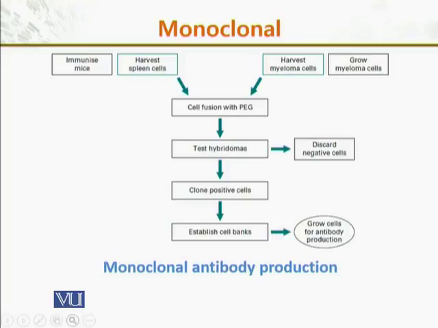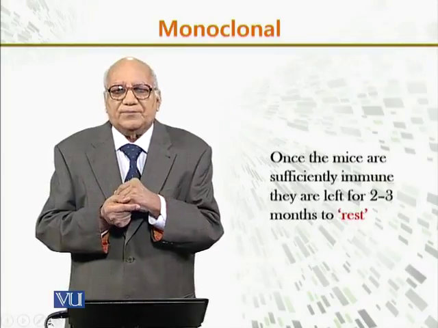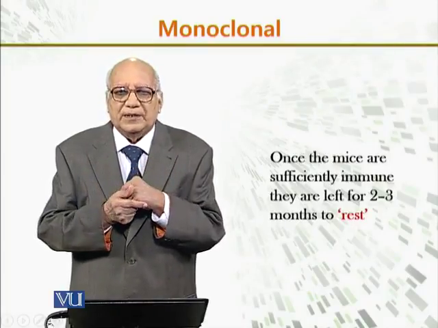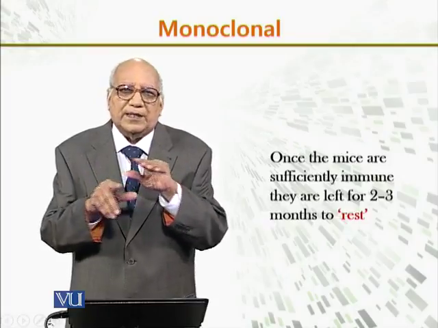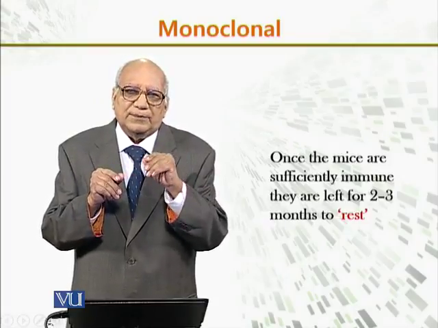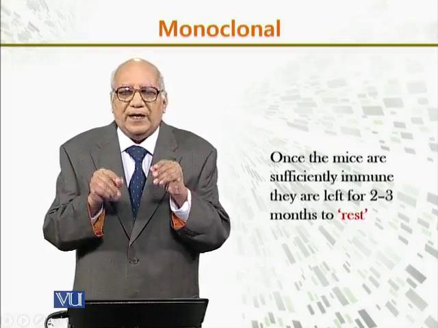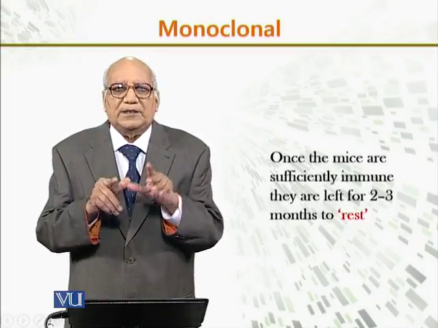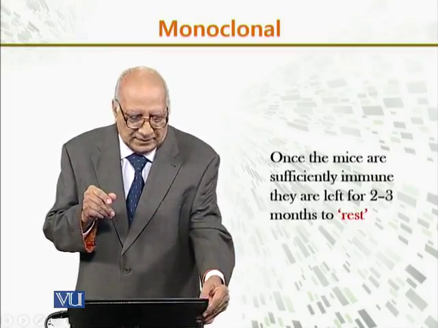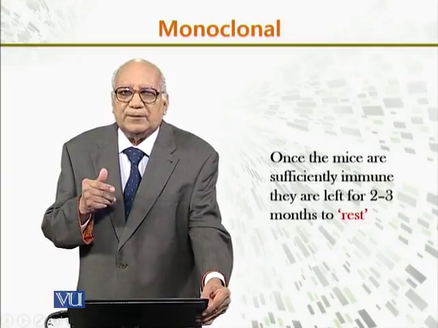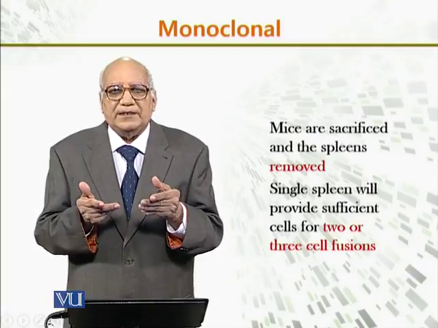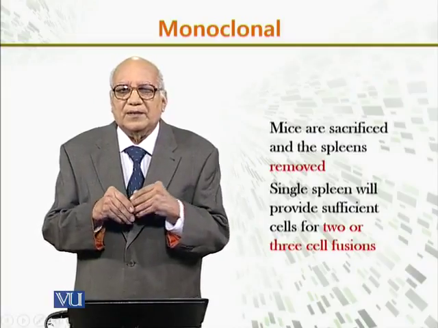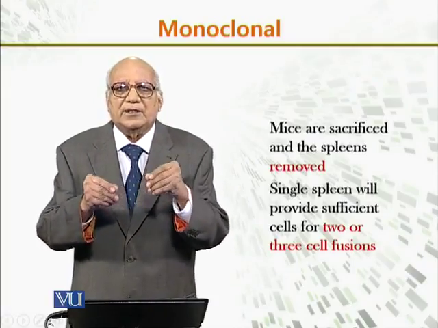Now, once the mice are sufficiently immune, they are left to rest for 2 to 3 months, as said earlier. During this time they are just fed and no immunization is done, so that the antibodies are produced. Mice are after that sacrificed and the spleens are removed.